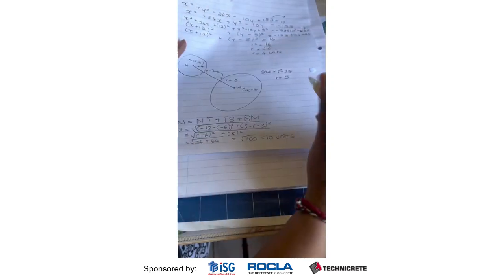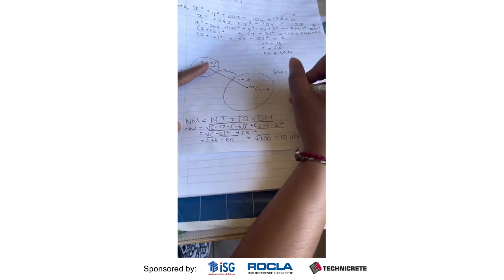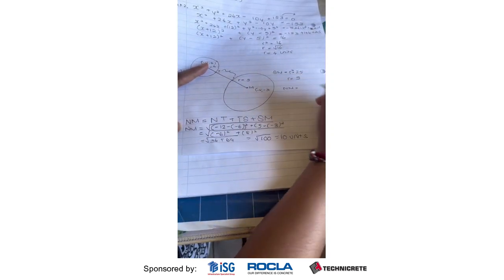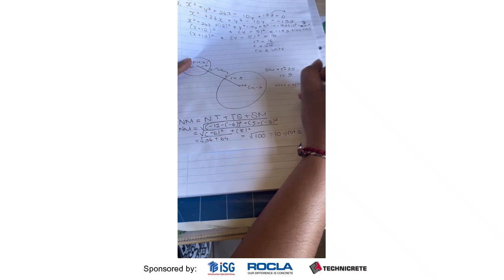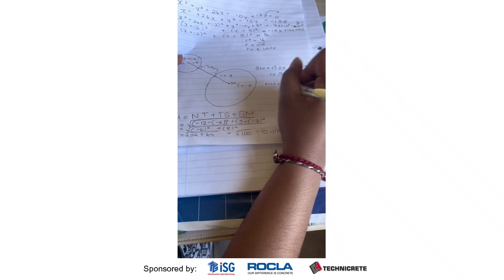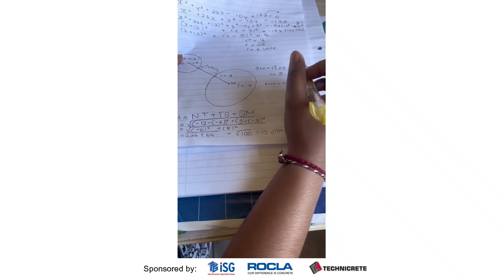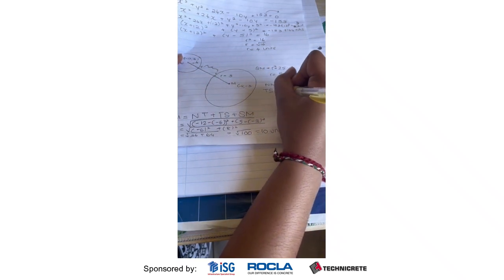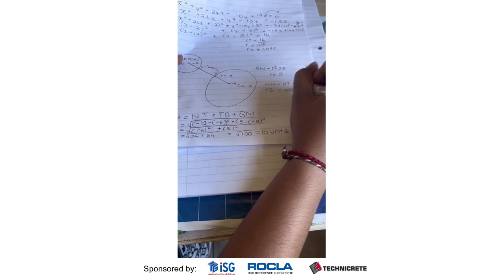Now we know NM. Let's do it here so we don't lose the information that we have. So NM is equal to NT plus TS plus SM. So let's change our formula so that we have TS as the subject. It's going to be NM minus NT minus SM.